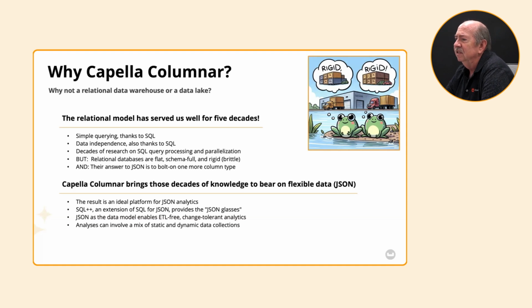And the relational answer is that the model has served us well for 5 decades, right? It's 2024. The relational model was brought to us by Ted Codd in 1970. So it's been a while, right? The relational model has served us very well for doing data management for 5+ decades. It gives us simple querying thanks to SQL.